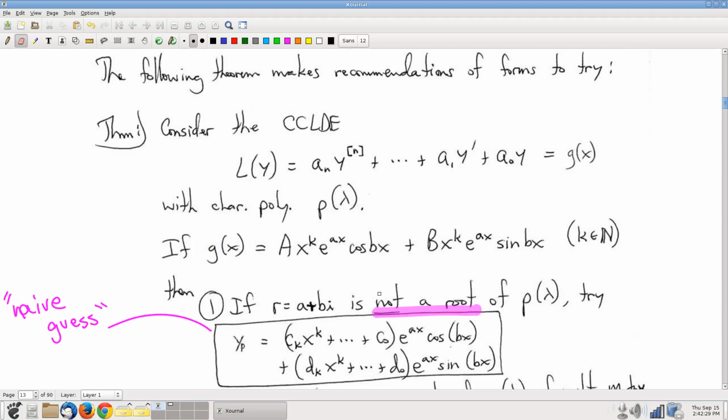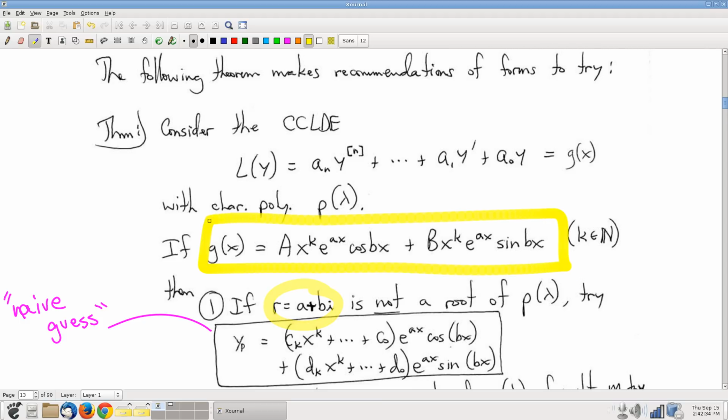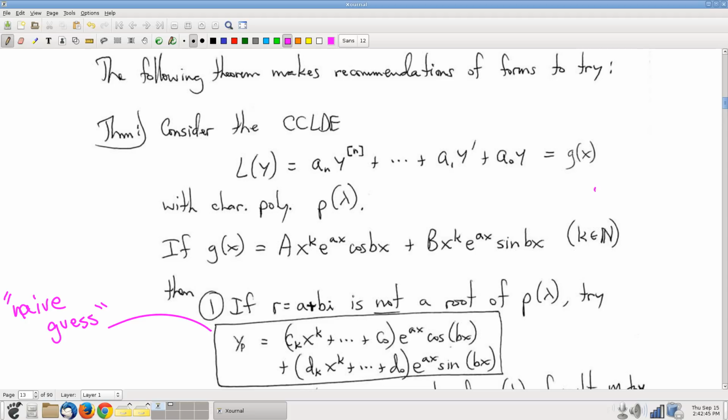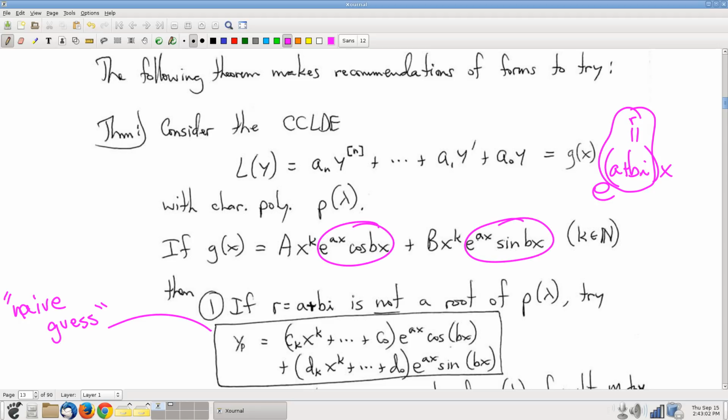Now what I swept under the rug here, where did this r come from? There is no r in this expression on the right-hand side. So what do I mean by r? Well, there's a bunch of algebra that has to be worked out to flesh out the details, but recall that when you have a function of the form e to the (a plus bi)x, this number here being r, you get solutions that look like that and that.